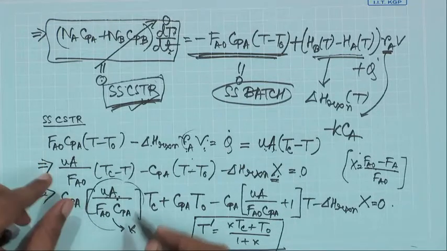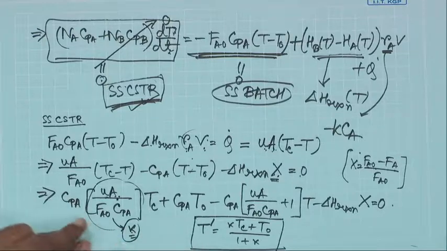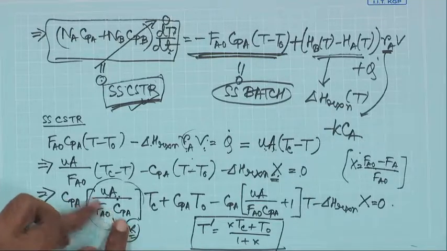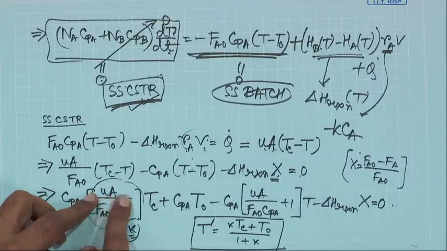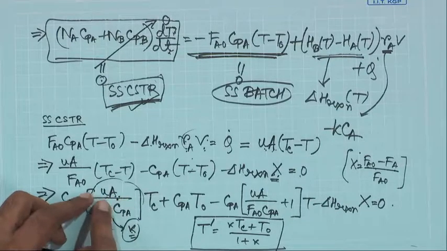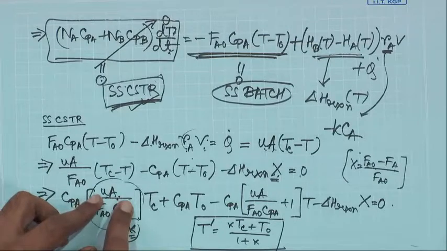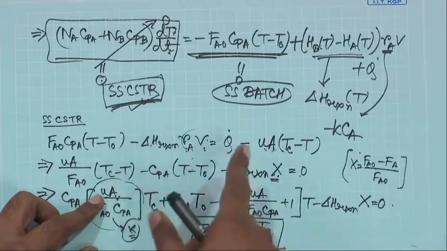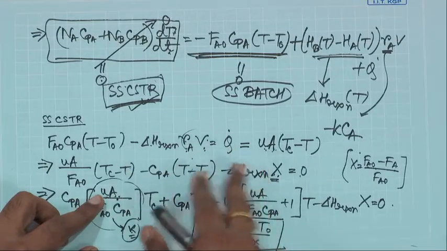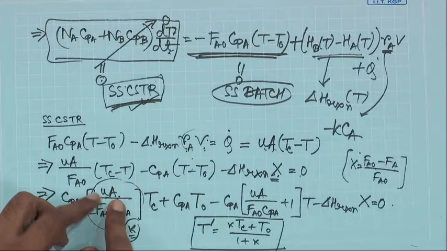That is what is being given by this, because this UA is directly related to your reactor temperature also, because how much heat is being transferred is directly related to the temperature difference between the reactor and the coolant.